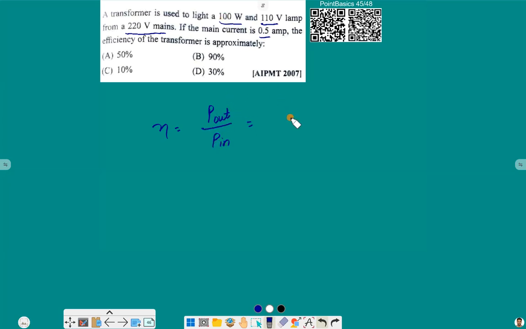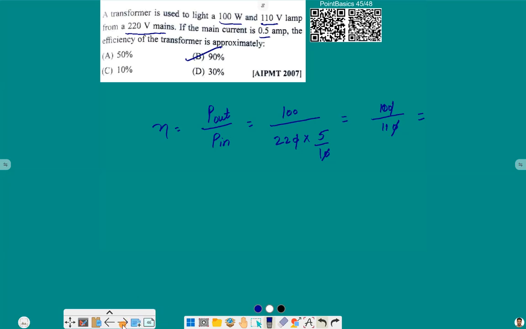Now output power is 100 watt. Input power is input potential times the current. So 220 multiplied by 5 by 10. So that will be 100 by 110. So 10 by 11. So almost 90% is the efficiency here.